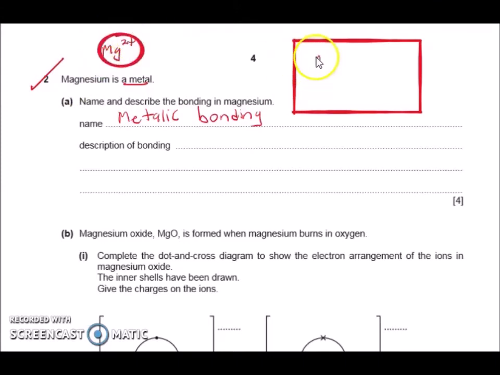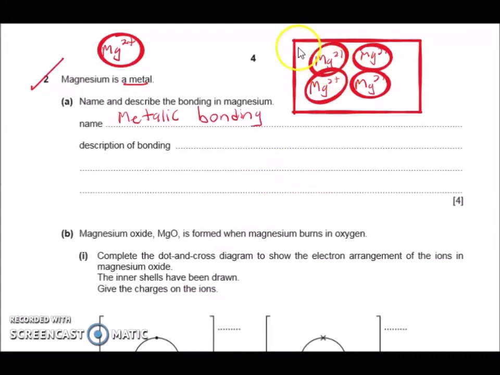So here we have magnesium, all these positive ions on one side. Okay, I just draw a few, so here will be 1, 2, 3 and 4. Okay, and around these cations we will have a lot of electrons. So this is what we call metallic bonding, because the positive and the negative will have a very strong attraction between them.